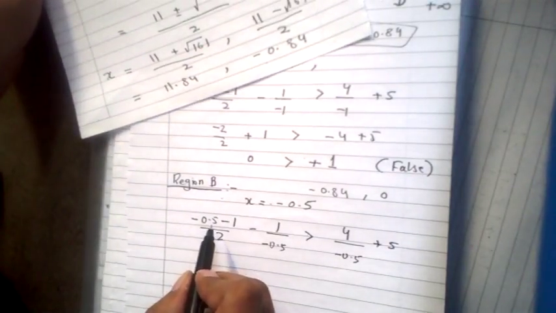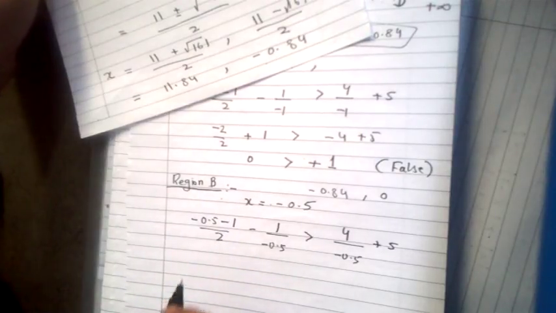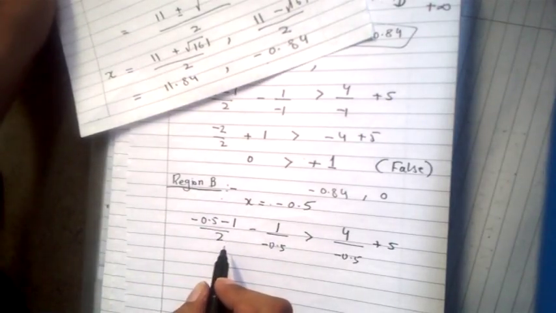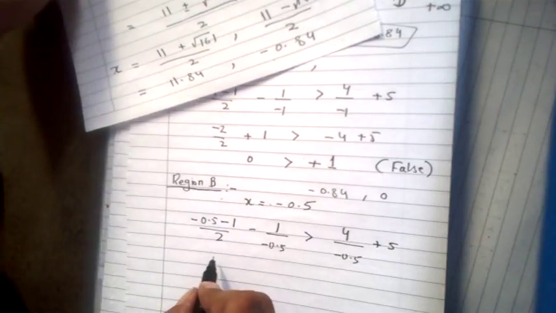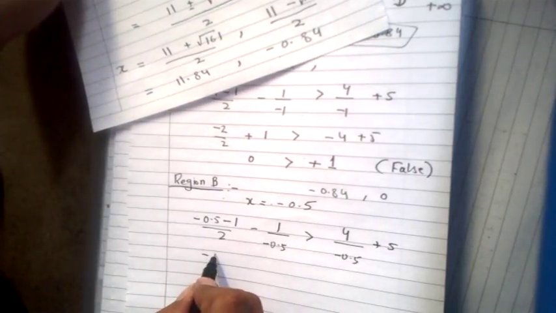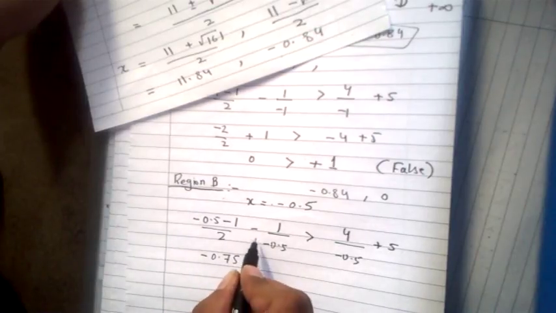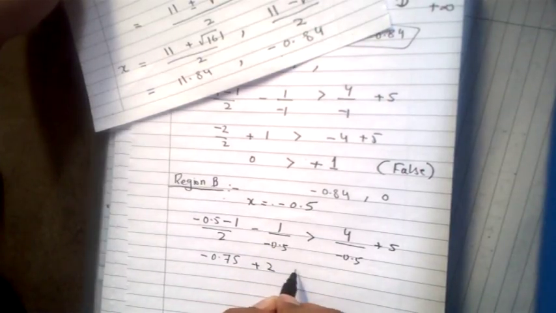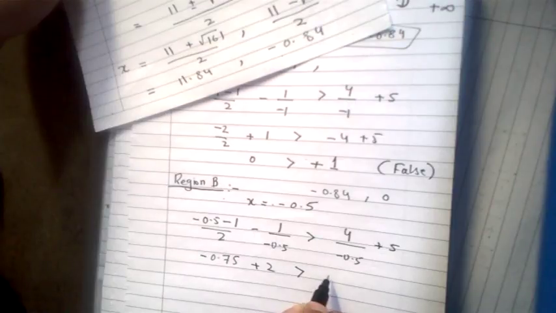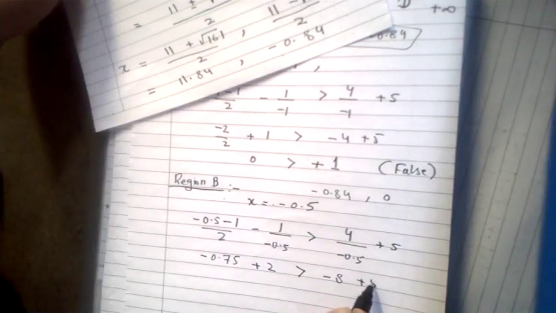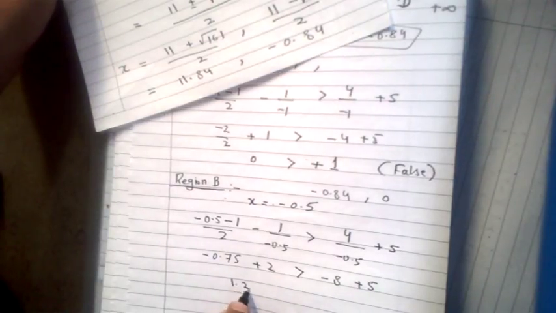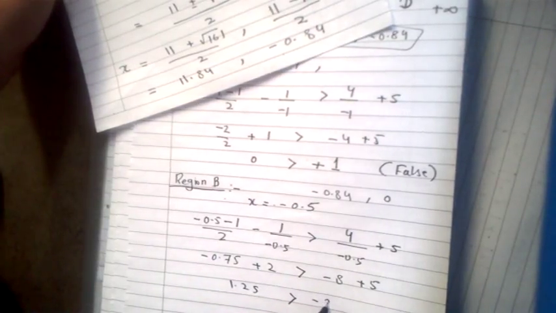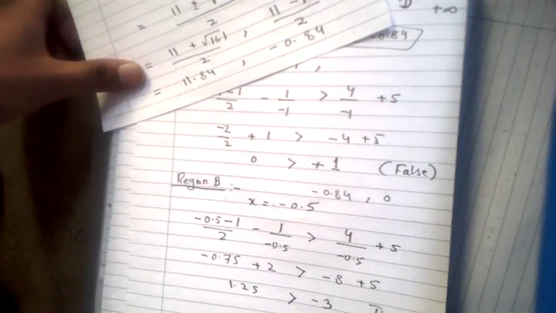Minus 0.5 minus 1 is minus 1.5 divided by 2, which is minus 0.75, and this is plus 2, and it is greater than minus 8 plus 5. The answer of this one is 1.25, and it is greater than minus 3. Yes, it is true. Therefore, the region B is in the solution.